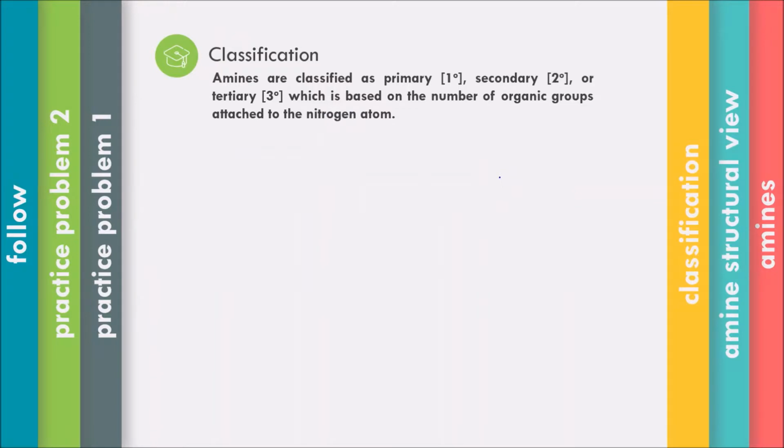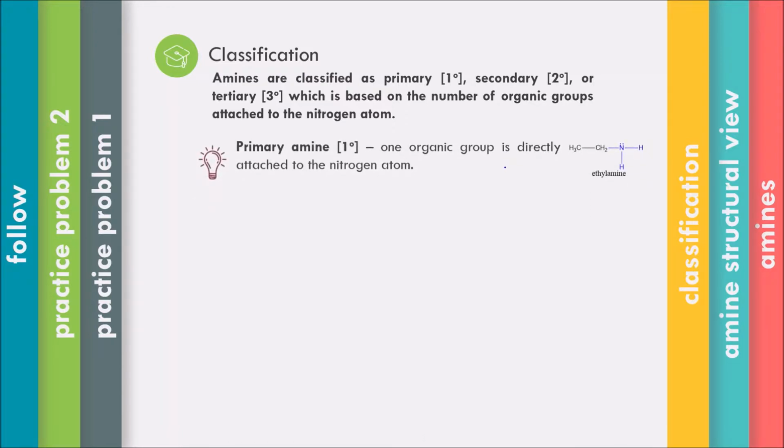Classification. Amines are classified as primary, secondary, or tertiary, which is based on the number of organic groups attached to the nitrogen atom. Let's look into details. Primary amine. It has one organic group which is directly attached to the nitrogen atom.